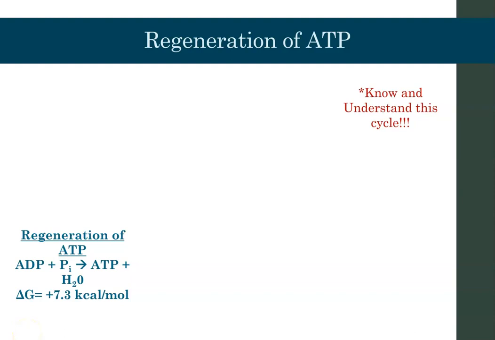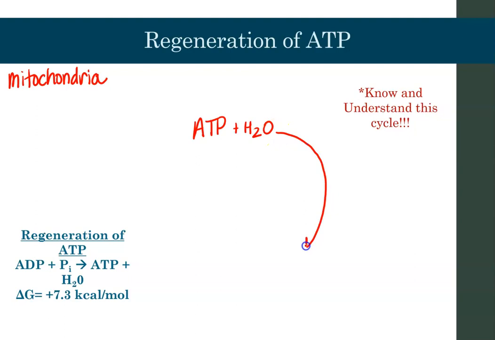So ATP is not simply wasted once it's used up. ATP can actually be regenerated in the cell, and this happens in the mitochondria. So in our cells, we have ATP. That ATP is hydrolyzed in order to power our endergonic reactions.